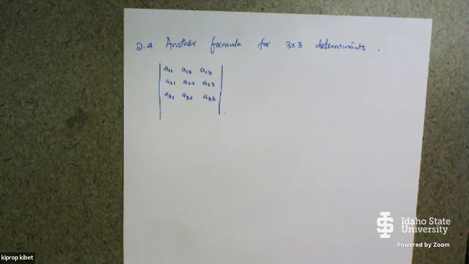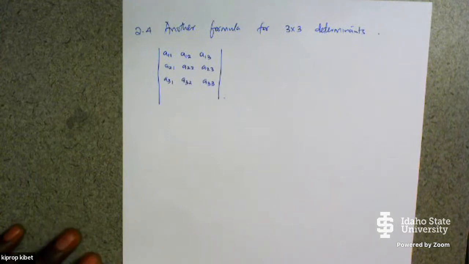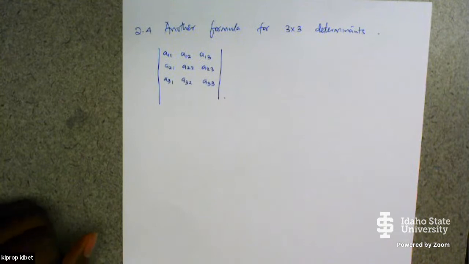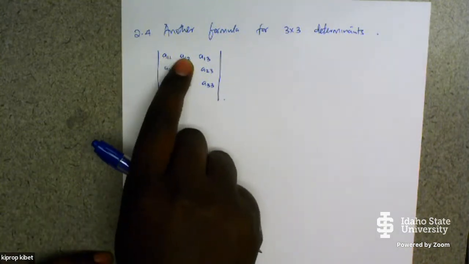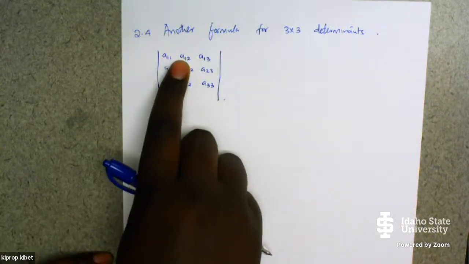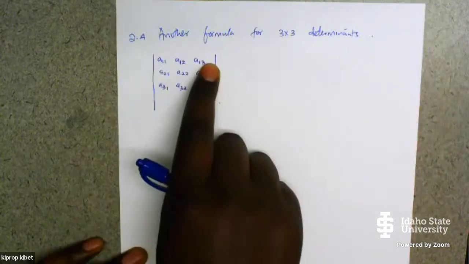the easiest way to do it: you can use the cofactors method, or you can just use the formula that we had, using the first row.